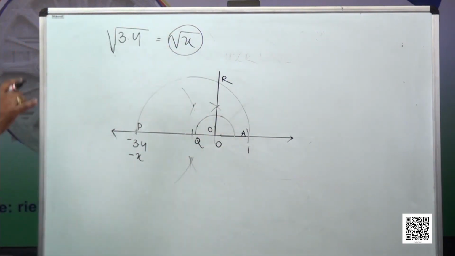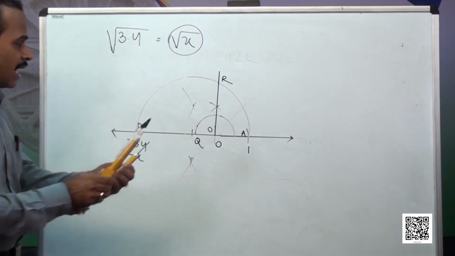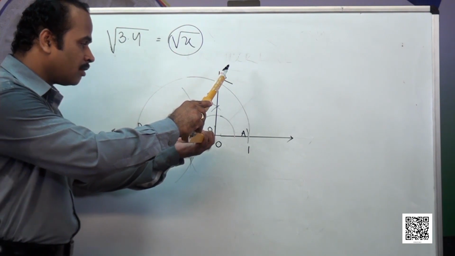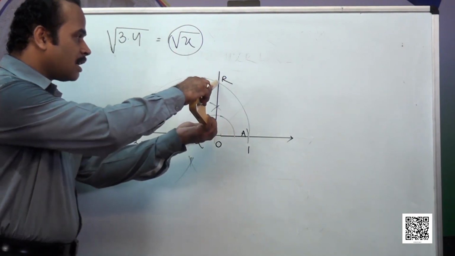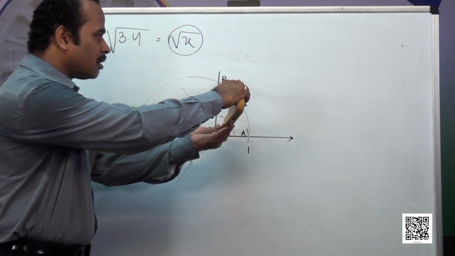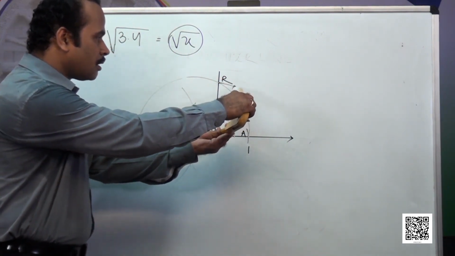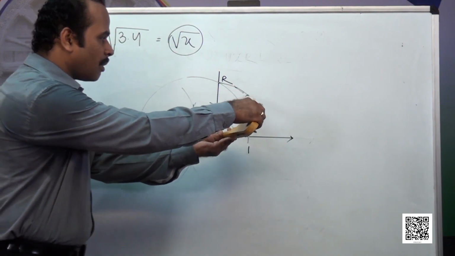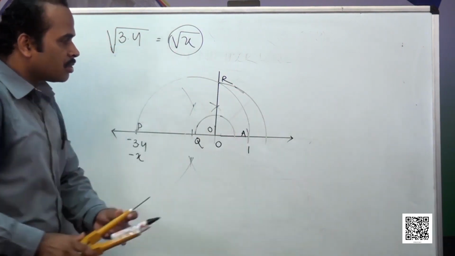Now how do we bring this OR to the number line? To bring this OR to the number line, again I select this point O as center and OR as radius, then I can bring this distance to the number line in this way.